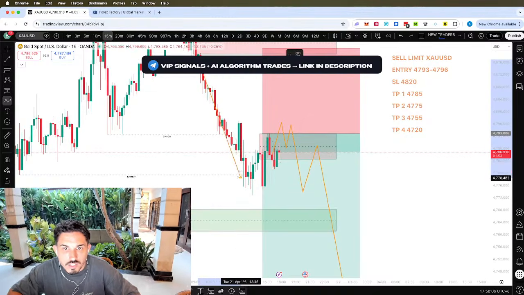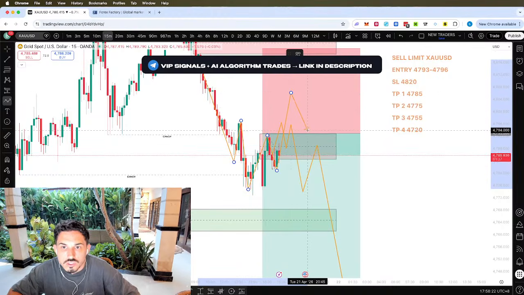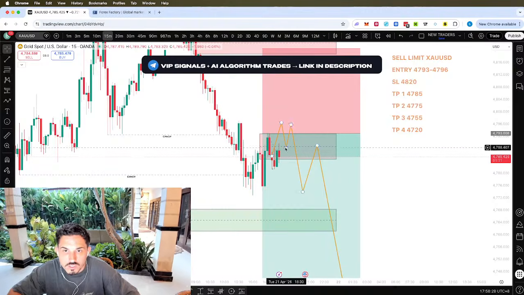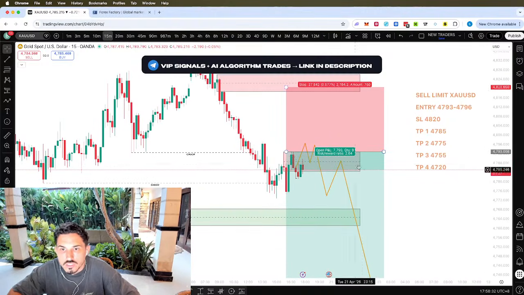We come down, create a new lower high, a new lower low, lower high, lower low. Now at any point we could create another lower high or a higher high if it just continues driving back up. That's the scary part about this market. This is looking pretty bad, I'm going to be honest with you guys.